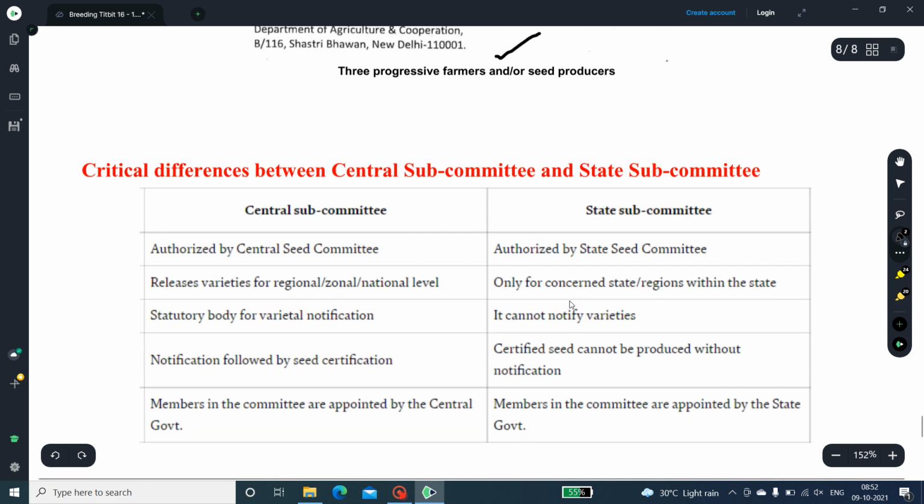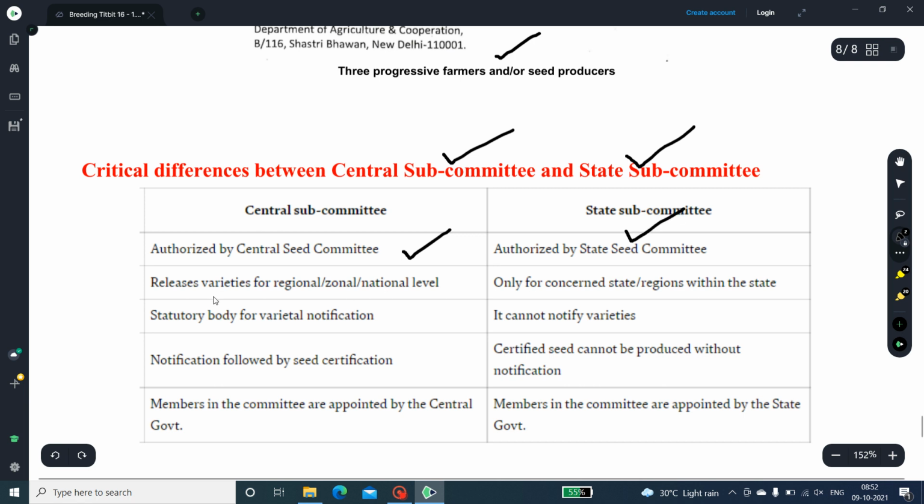And there is a critical difference between the Central Seed Subcommittee and the State Seed Subcommittee. The Central Seed Subcommittee is authorized by the Central Seed Committee, while the State Seed Subcommittee is authorized by the State Seed Committee.